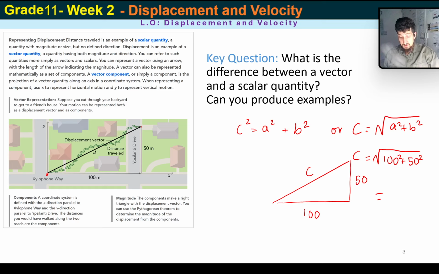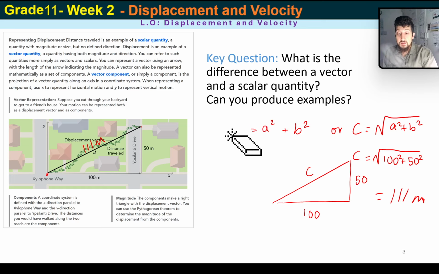The square root of the answer is approximately 111 meters. Why is it 111 meters? It's the shortest distance. That is the displacement. So we've just worked out the displacement.